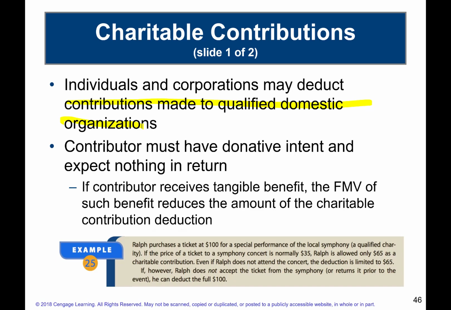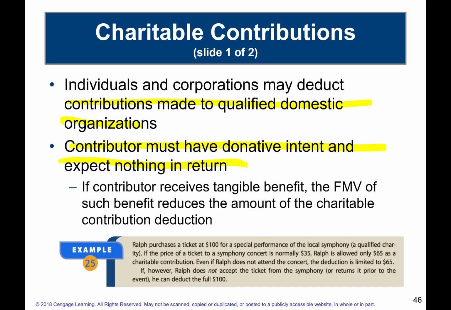Okay. Now, when there's a contribution, there must be donative intent. When people give money to these not-for-profit organizations that are qualified for charitable contributions, there's going to be an expectation that the individual is doing that without thinking, okay, I'm going to get something back from that.